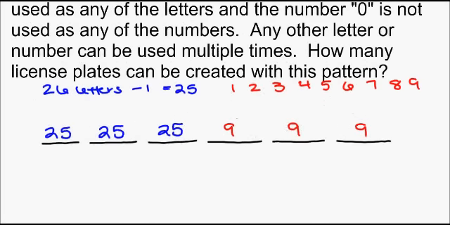Now that you have your number of possibilities, all you need to do is multiply. And this is a very large number. You should get 11,390,625.